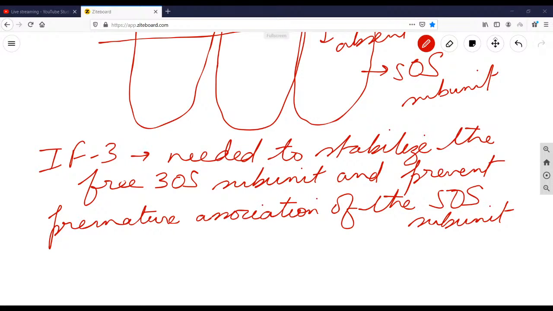Now, it also enables the 30S subunit to bind to the initiation sites in mRNA.